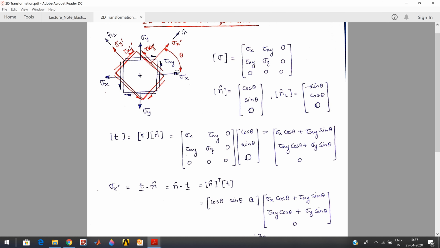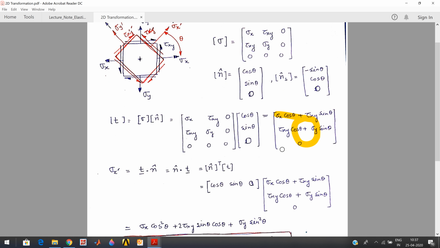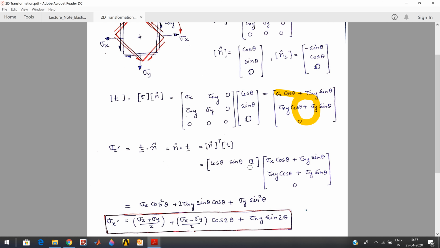And then we know the traction vector on that particular plane of n hat will be sigma n, giving this equation. This is the traction vector, 3 components. And then to get the normal stress component on that plane, we have to take a dot product of the traction vector and n hat. So it is n hat transpose t or t transpose n hat, both will be the same.